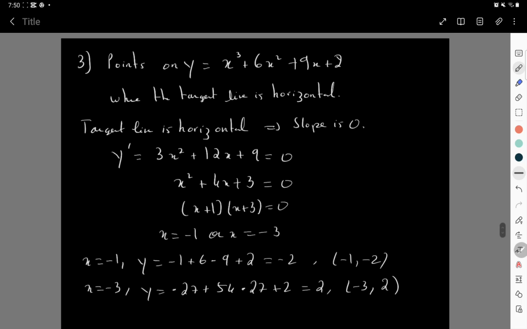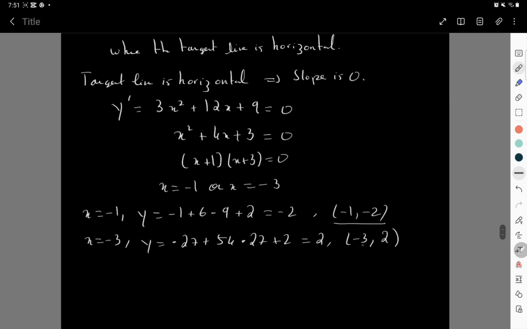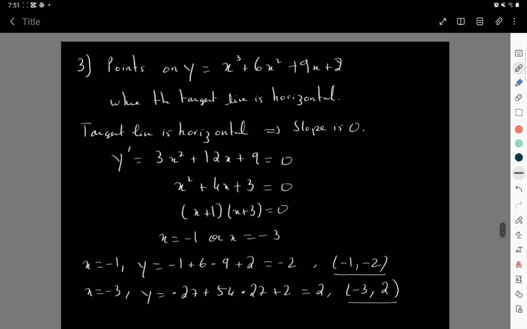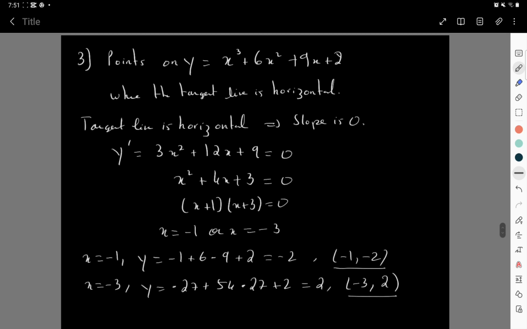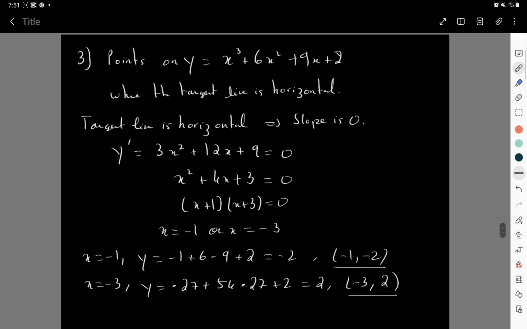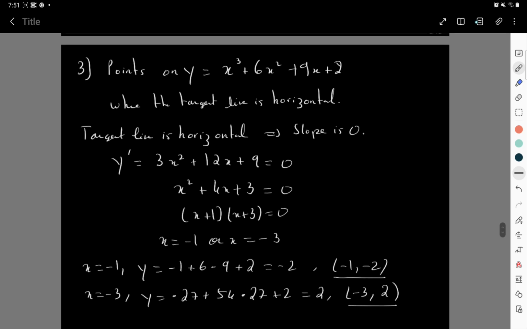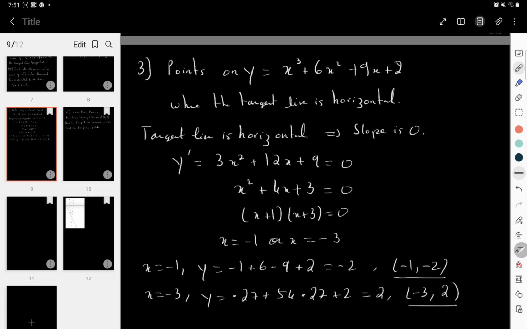Minus 3 cubed is minus 27, plus 6 times 9, yeah, 54, plus 9 times minus 3, yeah, looks good. So at these points, the tangent line is horizontal. Whenever you ask for a point, you need to give an x value and a y value. Okay, great. We have 2 more questions.